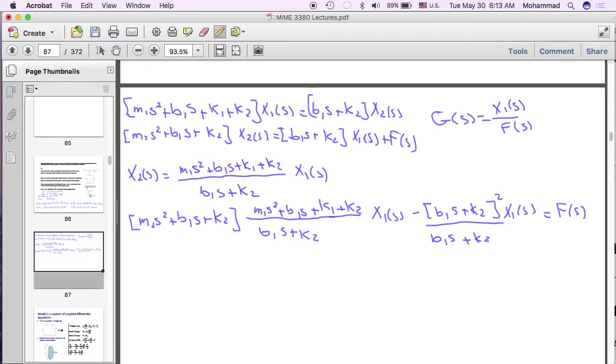Now we are ready to form that ratio. So x1s as the output over f of s as input is going to be equal to, so what goes in the numerator?